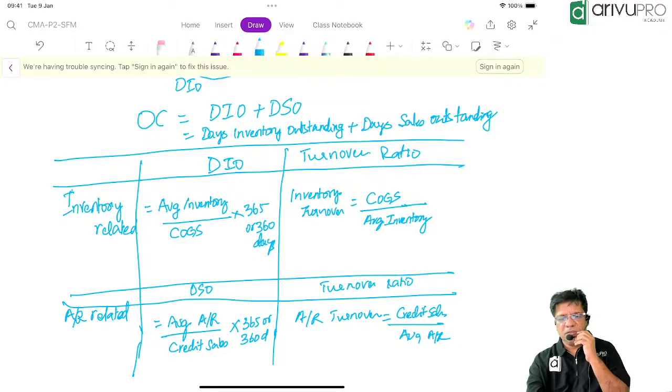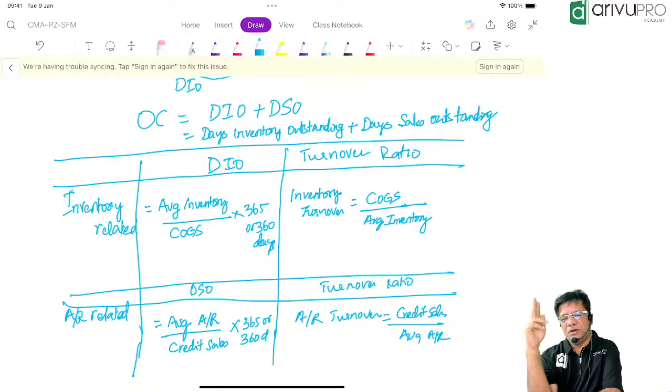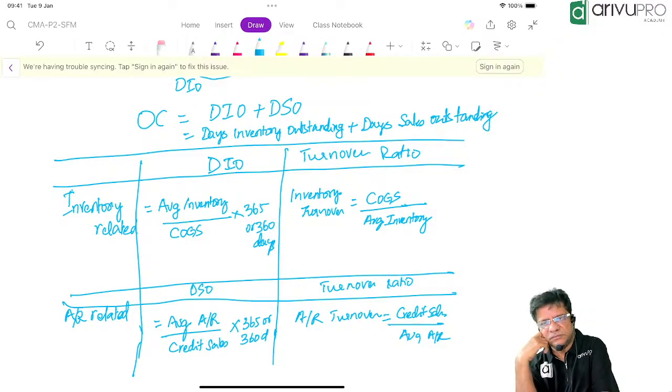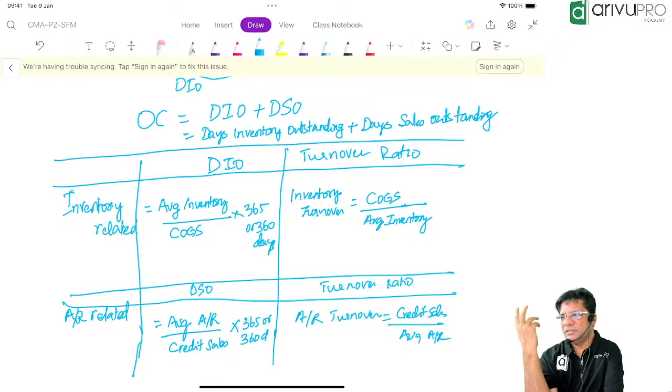Okay, so that is why cost of goods sold is for the total sales, because inventory is the cost to produce.